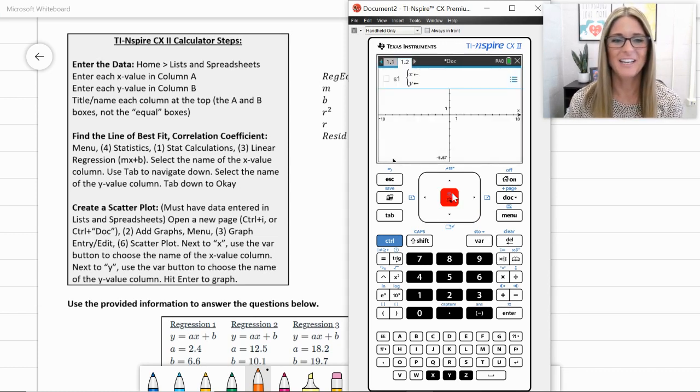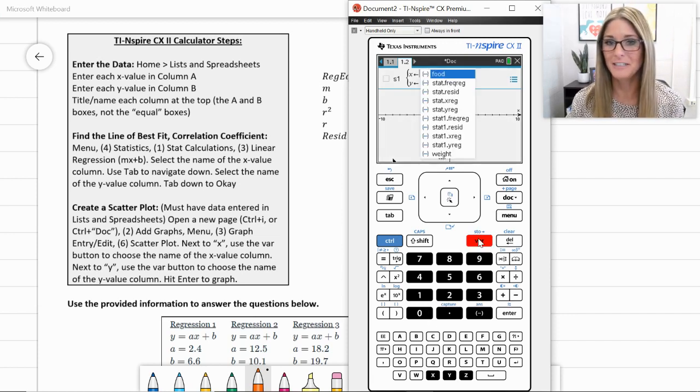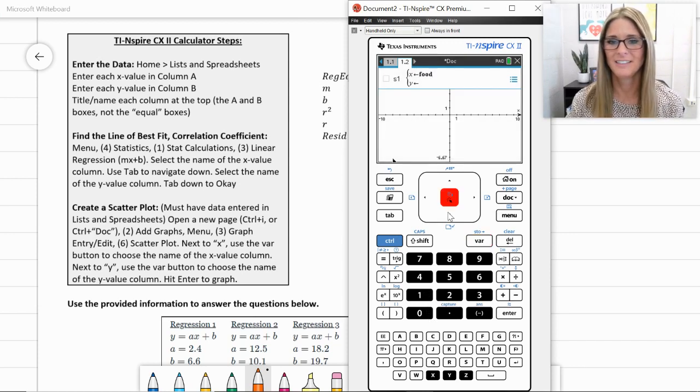And here you can determine your X value. We're going to go to our variable button here, var button. And what did I call it? I called it the food. And arrow down to the Y values variable was, I called it weight. How cool is this? And hit enter.